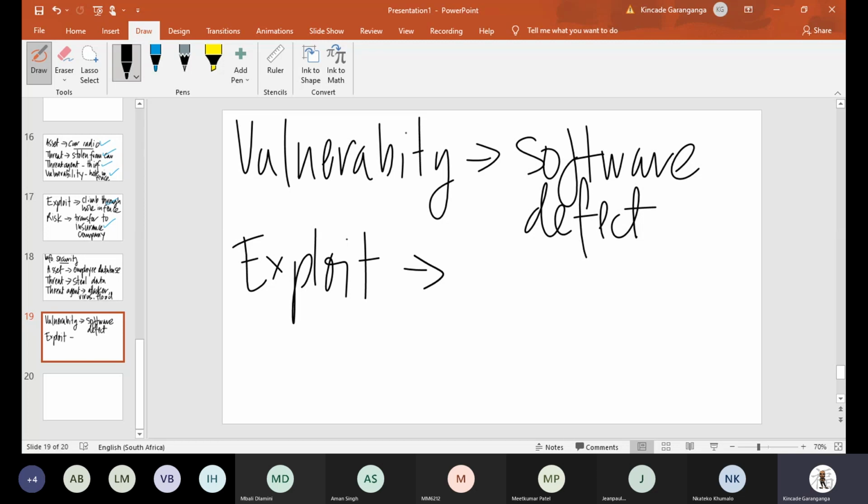The exploit here is sending the virus to an unprotected email server. Remember, in the previous example the exploit was someone climbing through the fence. So in this particular instance, our exploit will be sending virus or malware to an unprotected server.